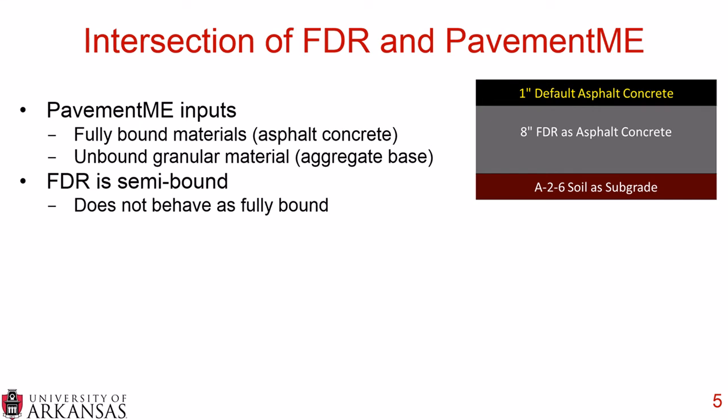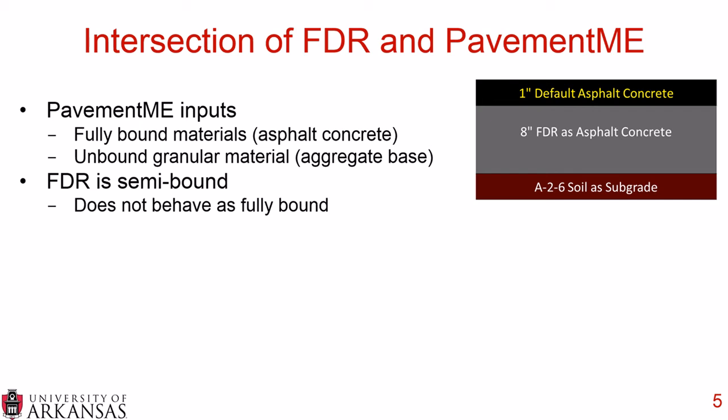It does not behave as a fully bound material, and you can see here that you could potentially say that you have an A-2-6 soil as your subgrade, then 8 inches of FDR, and you could say that FDR is asphalt concrete. And then there's a surface course on top of the FDR, 1 inch of asphalt concrete.